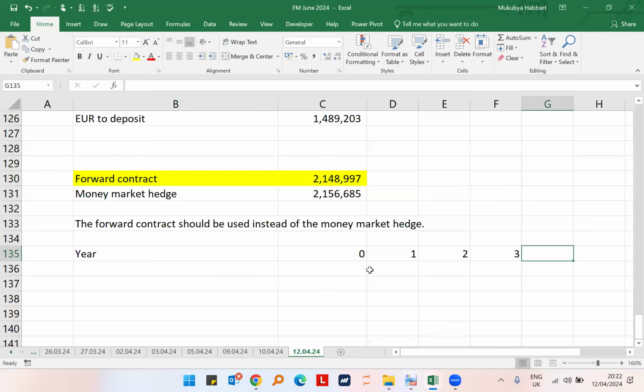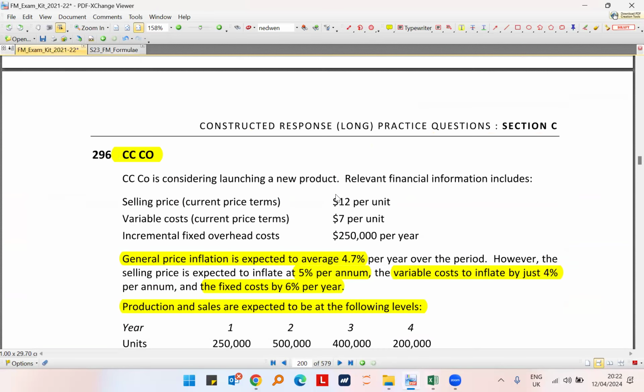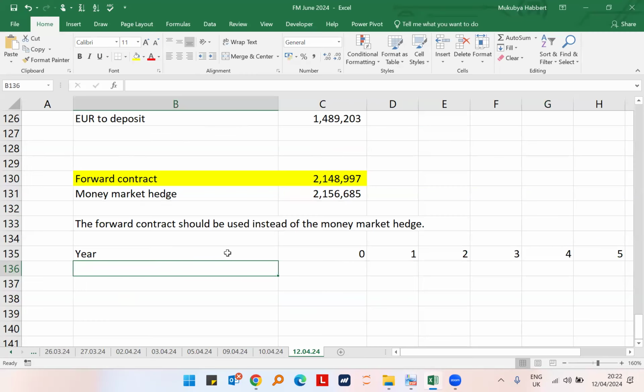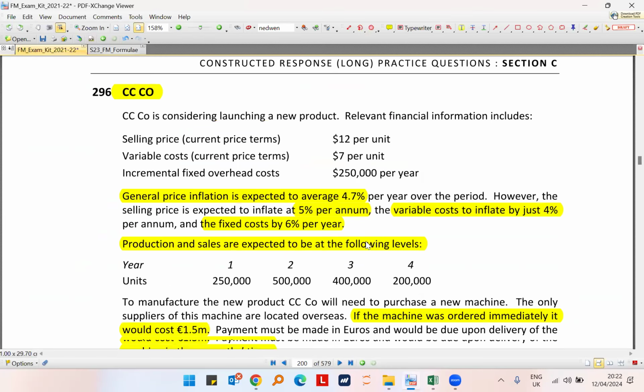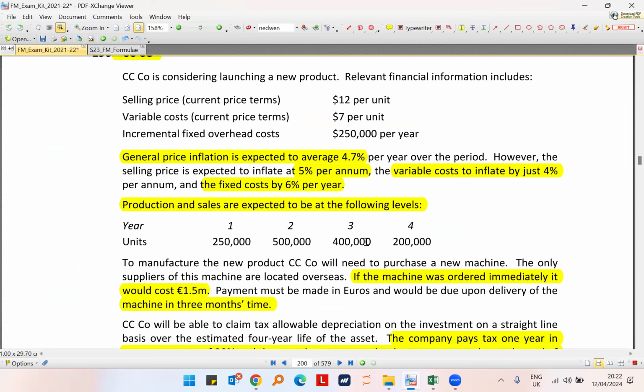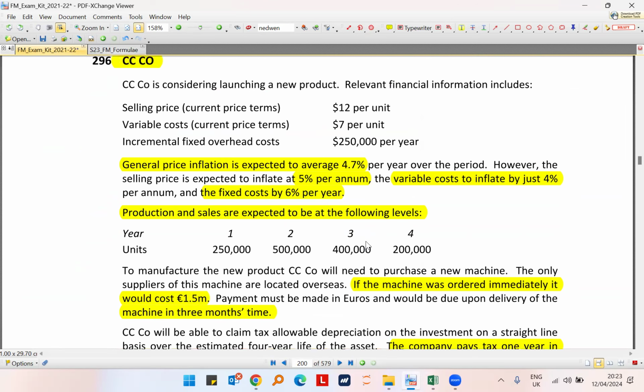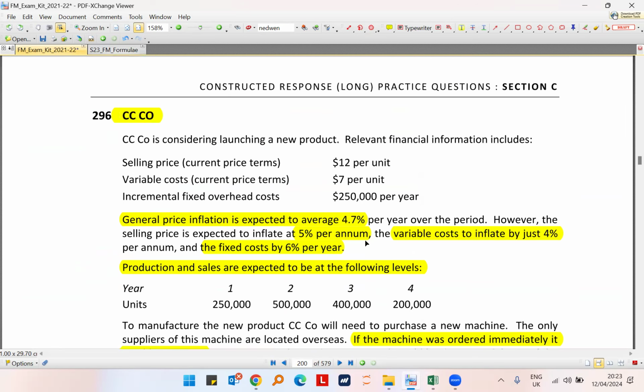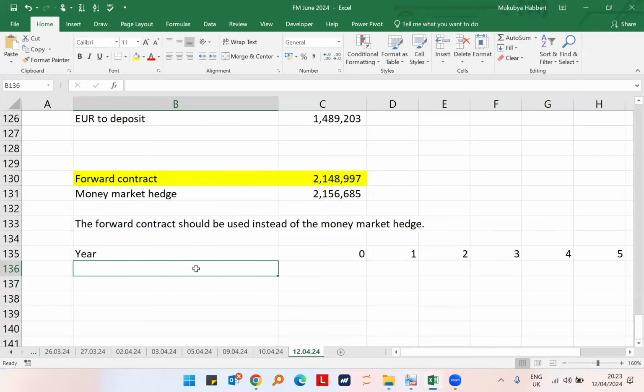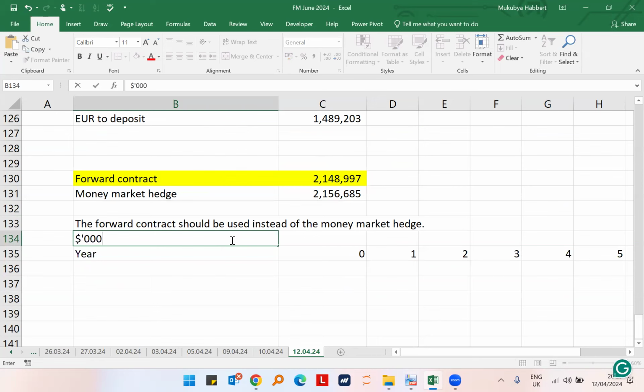So we are going to need 5 years. Since we are using Excel and all that, we may just use dollars, but we can save time by saying let's use thousands of dollars.